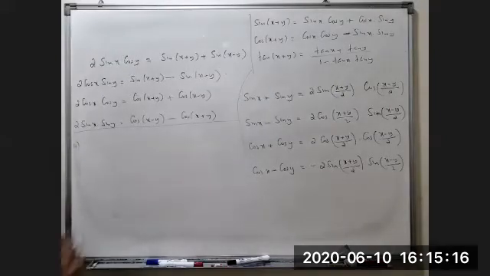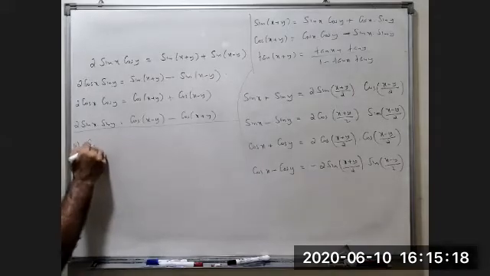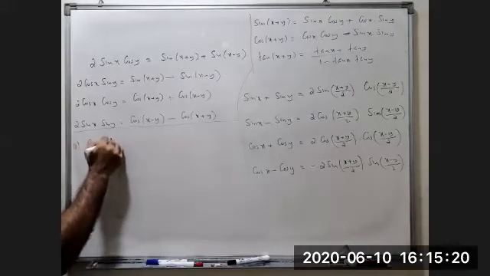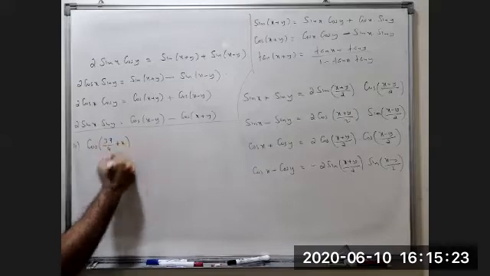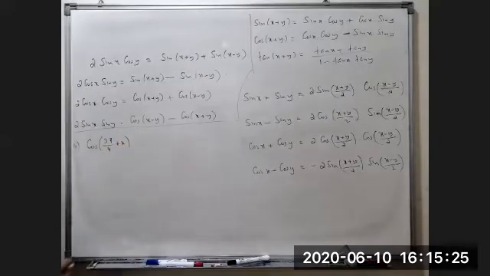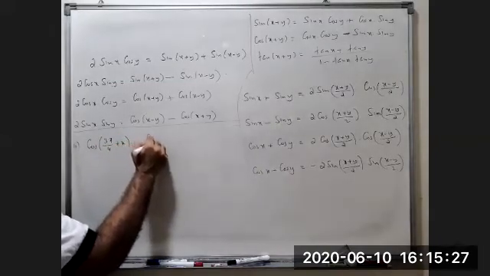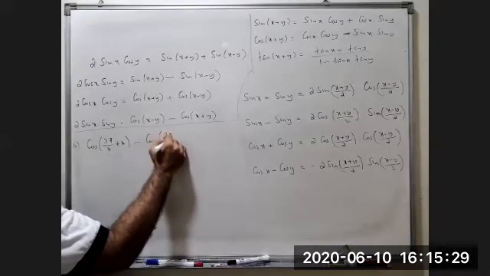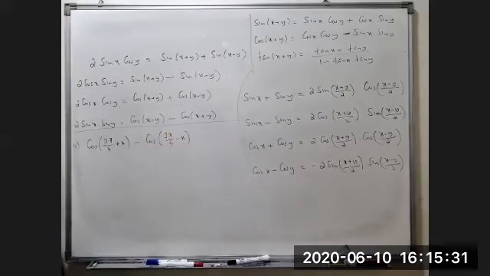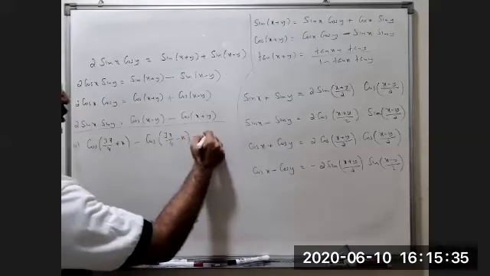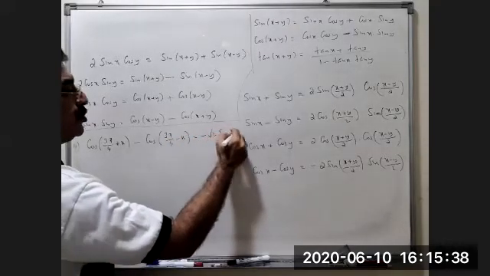The question is to prove that cos(3π/4 + x) minus cos(3π/4 - x) is equal to minus root 2 sin x.